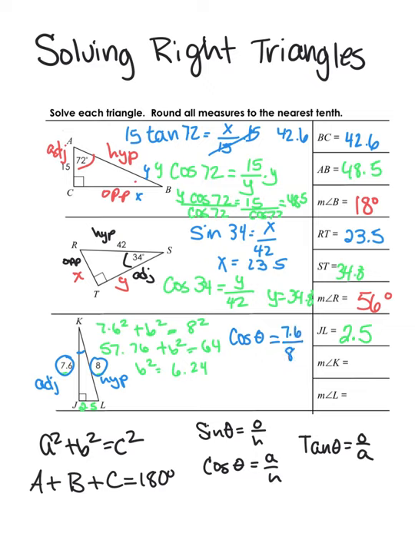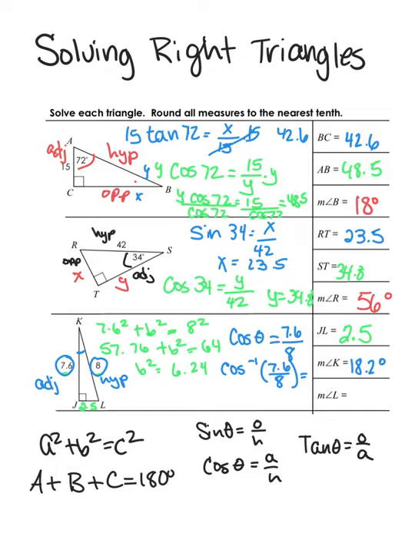So using the inverse function, the inverse cosine of 7.6 over 8, again, make sure your calculator is in degree mode for all of these, otherwise all of our answers are going to be wrong. And I'm going to get 18.2 degrees. There are a couple of different ways I can find L. For angle L, I can subtract 18.2 from 90 degrees because, again, my two non-right angles are complementary.